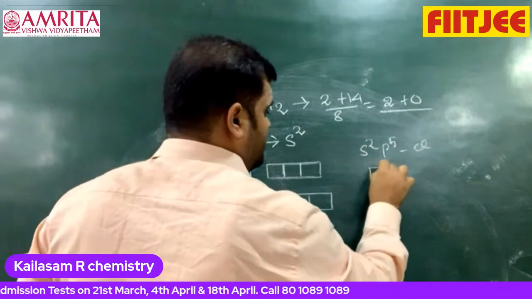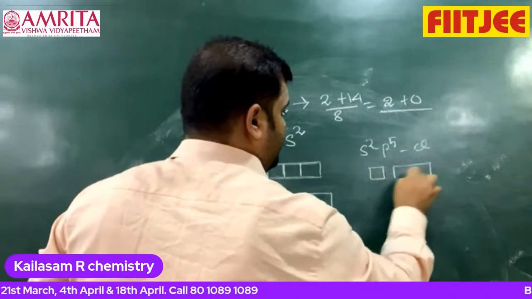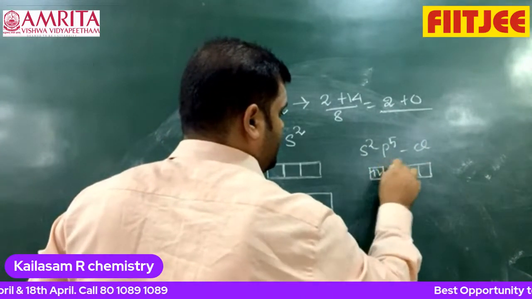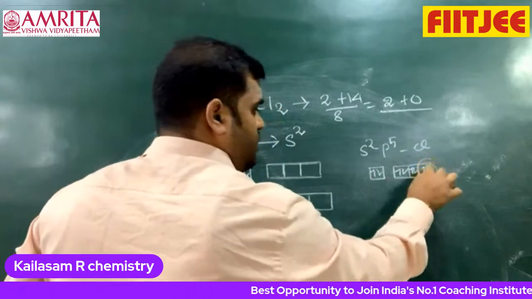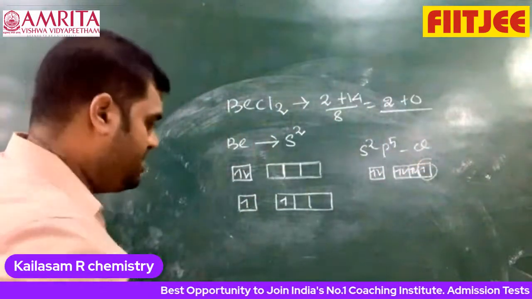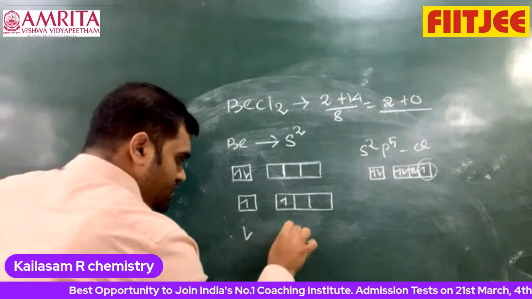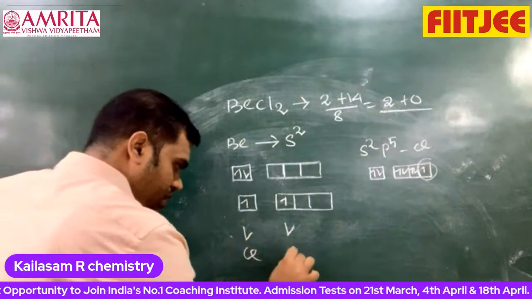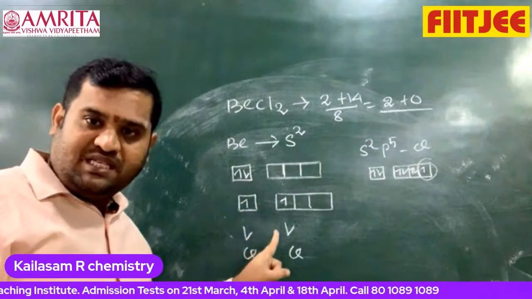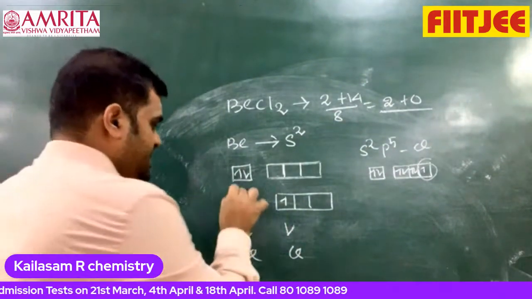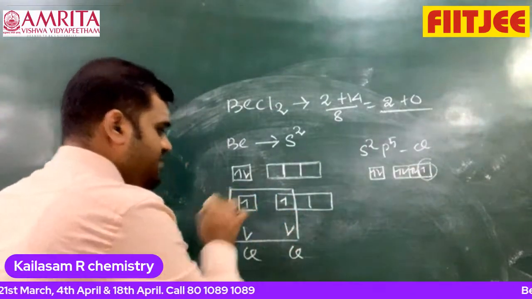That means this one electron is going to be taken in the hybridization. Look at this: one electron, one electron, one electron coming from chlorine. That means an sp-p sigma bond is going to be formed. That means this is going to form the hybridization.